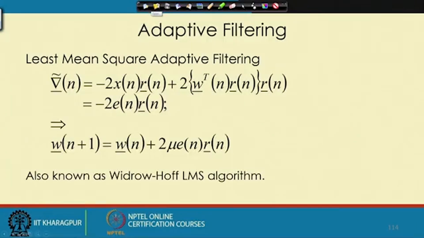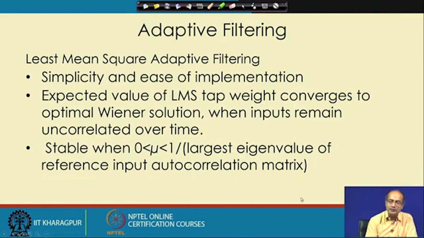So, that is the simple idea about the Widrow LMS algorithm, which is very simple yet very effective, and that is the reason it is very popular in academia as well as in industry.